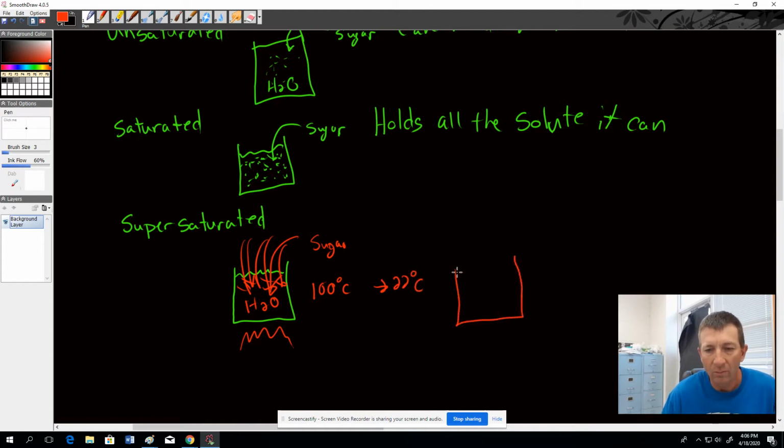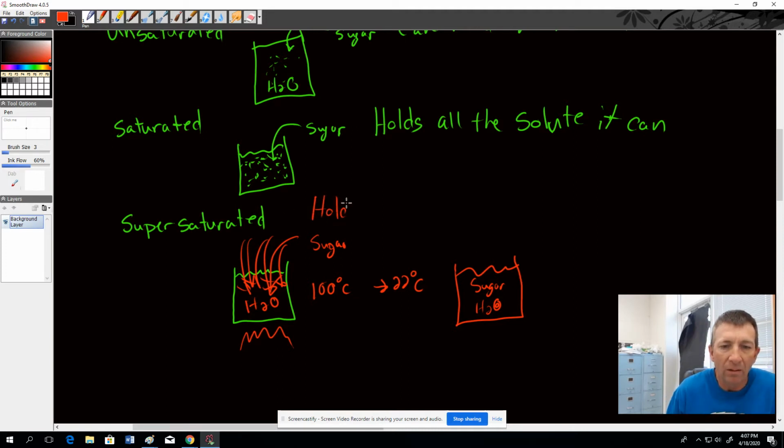And my water is full of sugar, but the sugar does not fall out of the solution. It actually stays in there. Well, normally I shouldn't be able to put that much sugar in there, but if I heat it up, put a lot in, and then cool it back down, and it holds more than it should at that temperature, that's what's called supersaturated.